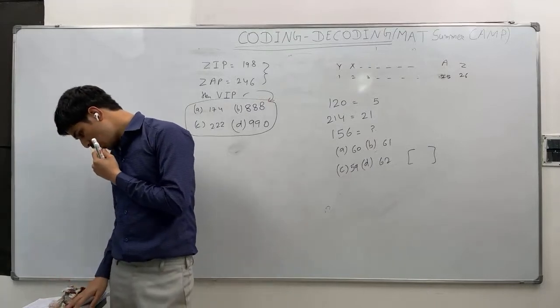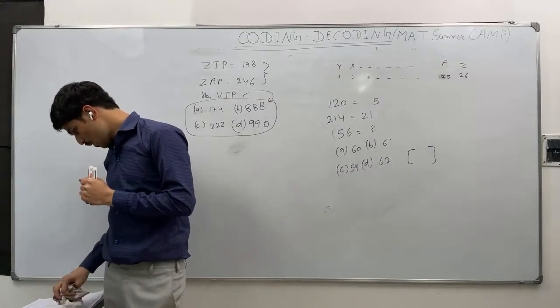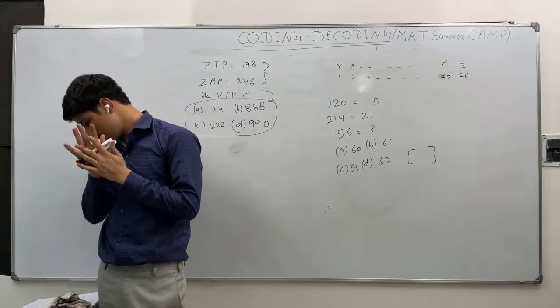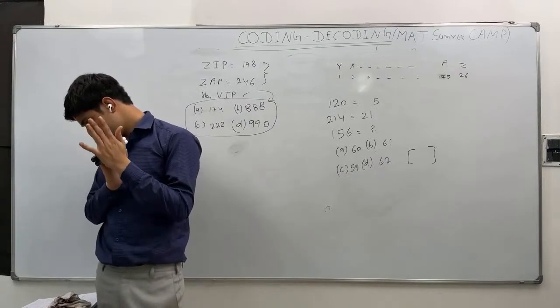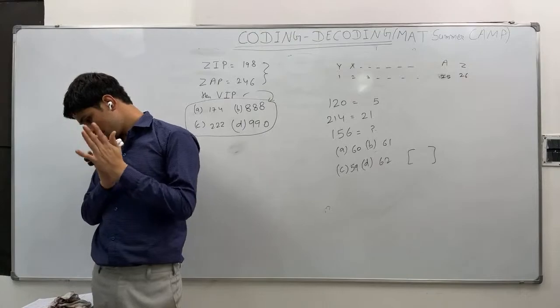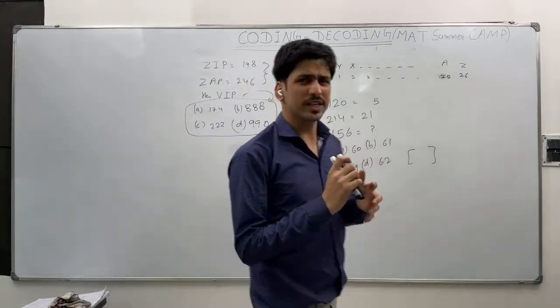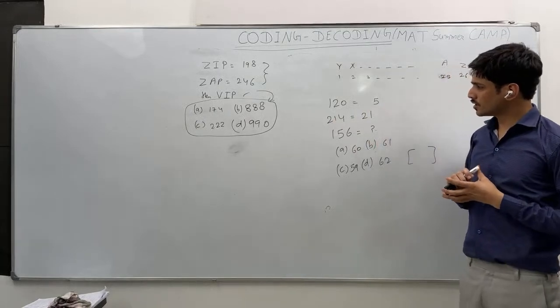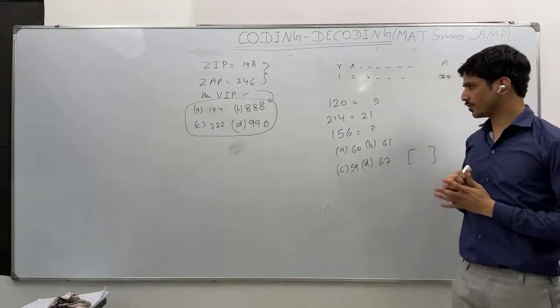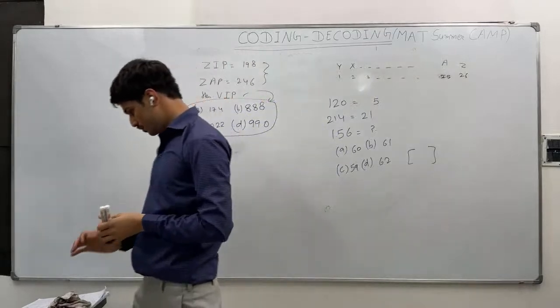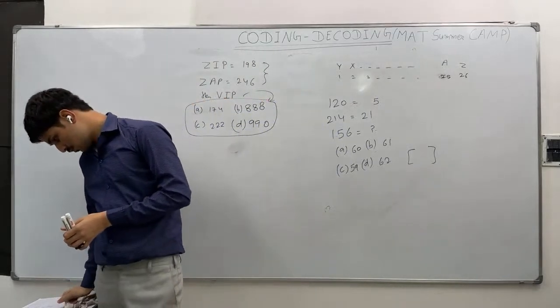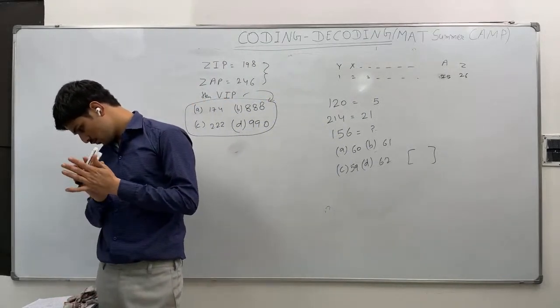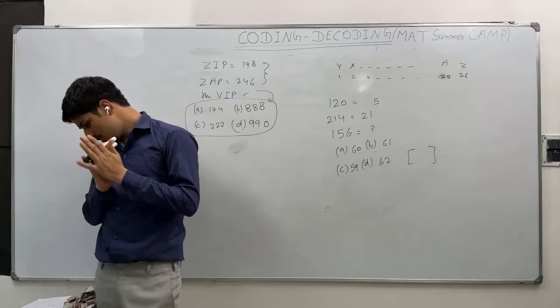Now try to solve this question. 120 equal to 5. There's some method they have used to get 5. 214 equal to 21, right? So 156 is equal to what? This is what they are asking. Think about it.